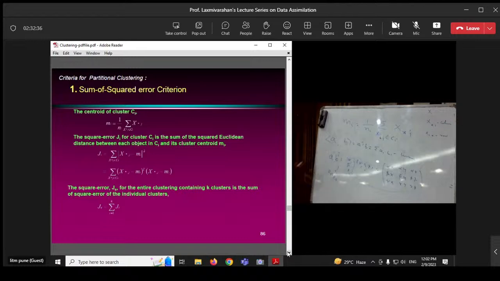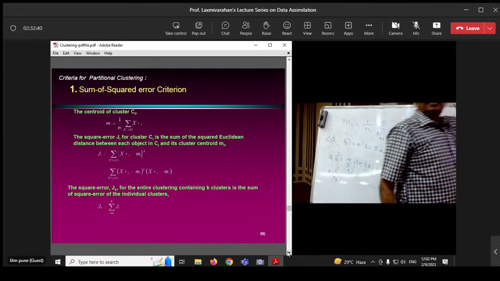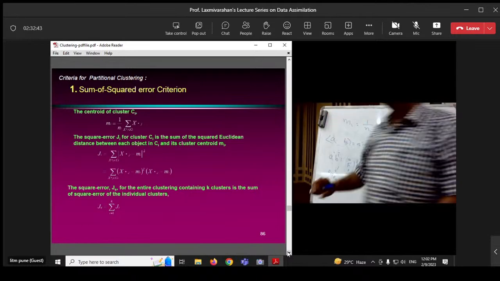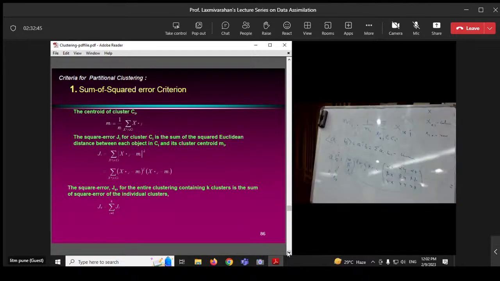That's called the inner product. So this is the inner product of two vectors. Inner product produces a scalar. Outer product produces a matrix. I'm interested in minimization. I only know how to minimize scalars. Every objective function has to be of a scalar type.